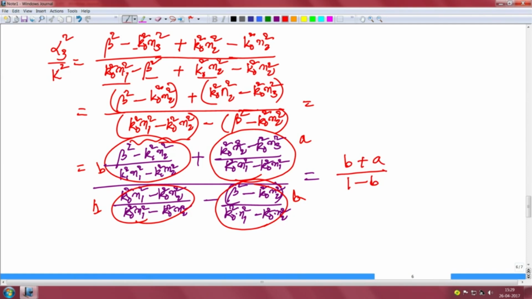Let us define the parameter a as, I can cancel out k zeros appearing here, n2 square minus n3 square divided by n1 square minus n2 square.